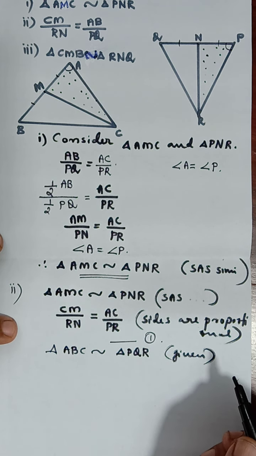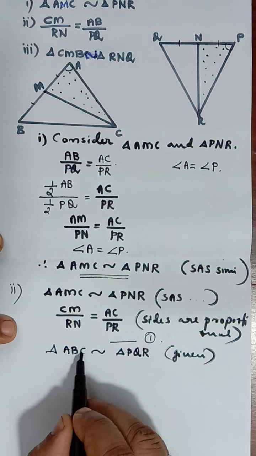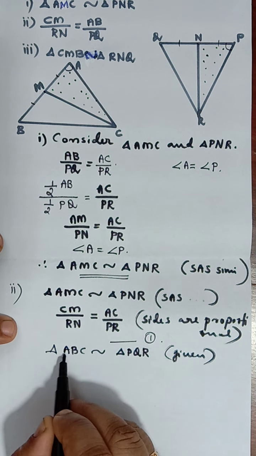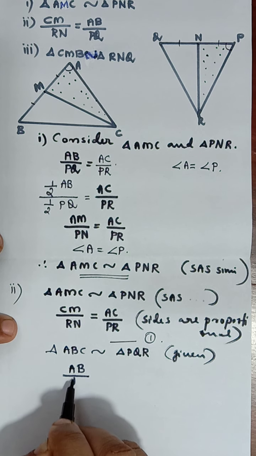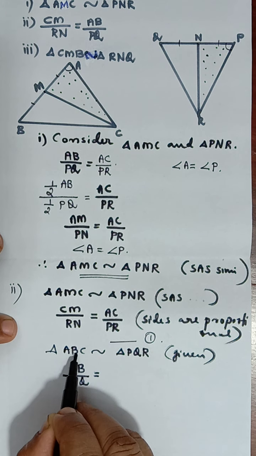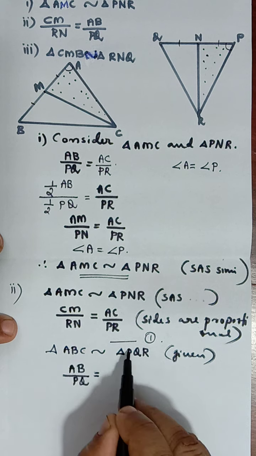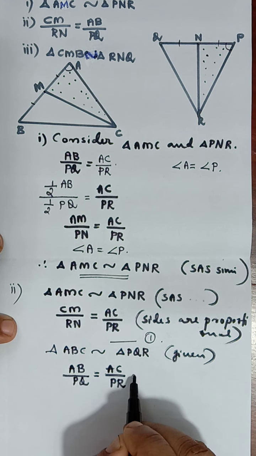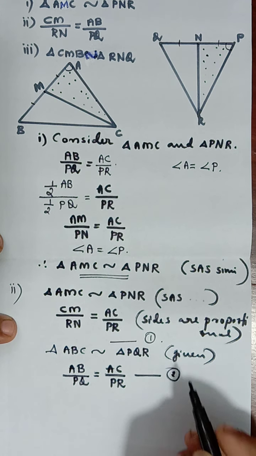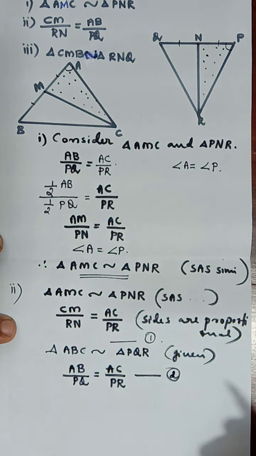So therefore we can say that AC by PR is equal to AB by PQ also. This is also by sides proportionality.